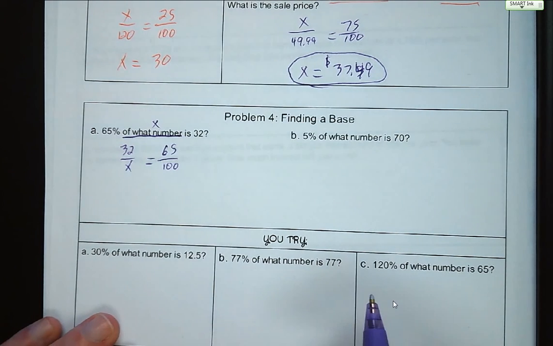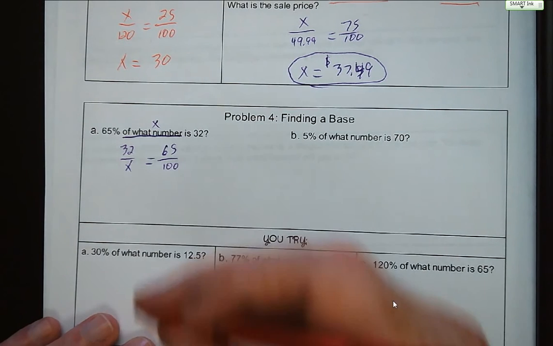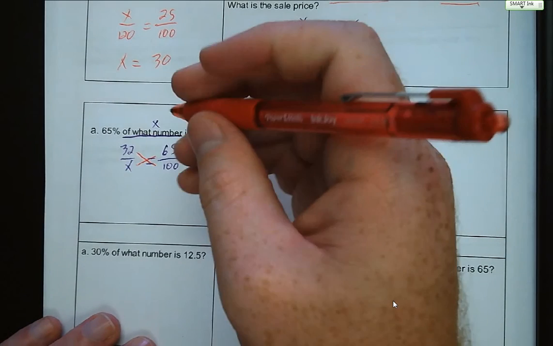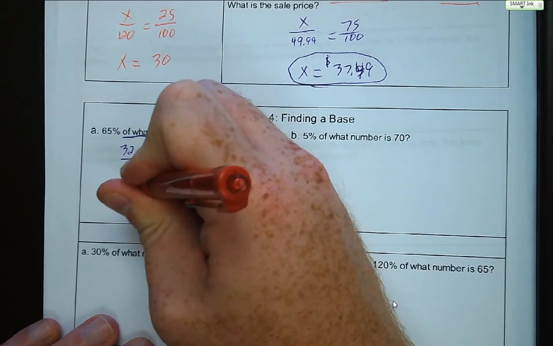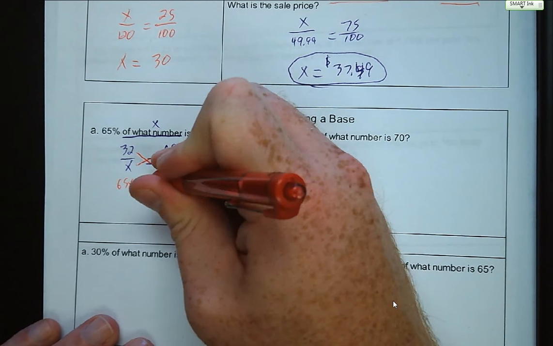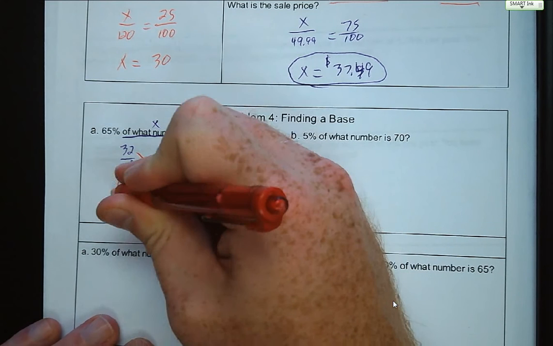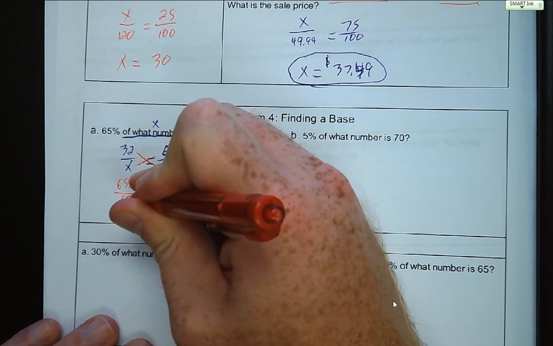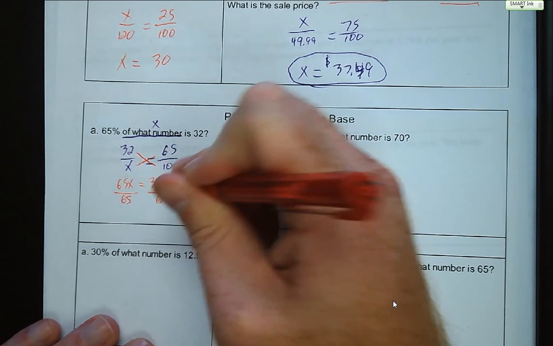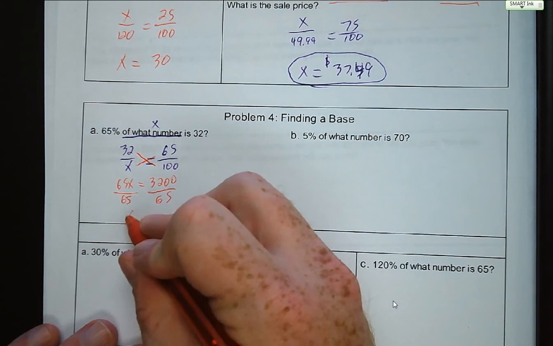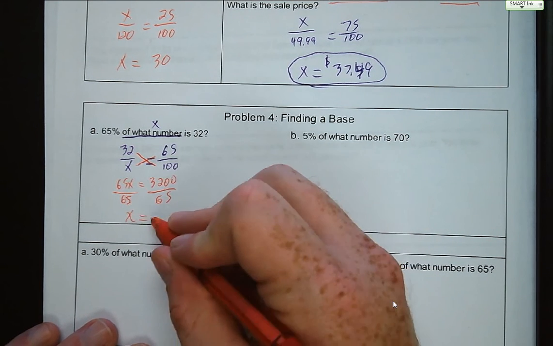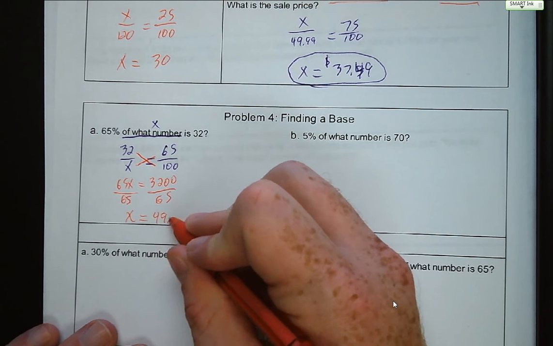So 32 over X equals 65 over 100. So we cross multiply. So we get 65X equals 3,200. Divide both sides by 65. And we get that X is equal to 49.23.